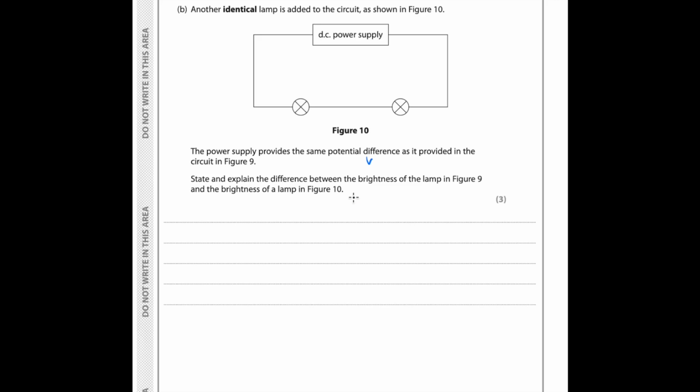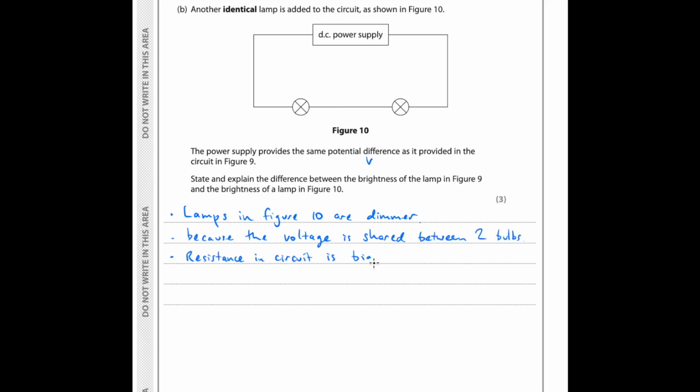The voltage in this circuit has to get shared between two bulbs, so they'll be dimmer. And we can also say it because with more bulbs there's more resistance, so the current will be smaller. And we'll definitely get 3 marks for that.